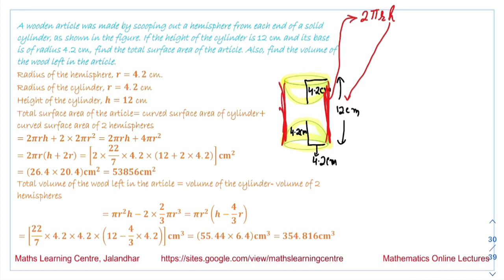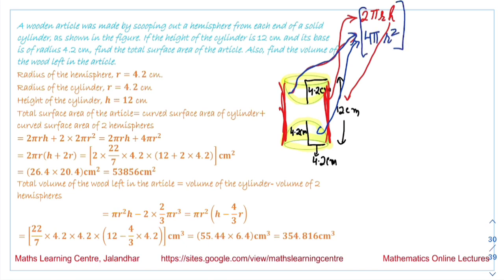Then we have the inner area of this portion over here, and the inner area of this portion over here. These are two hemispheres, and together they form a complete sphere, and the area of these two hemispheres will be 4 pi r square.